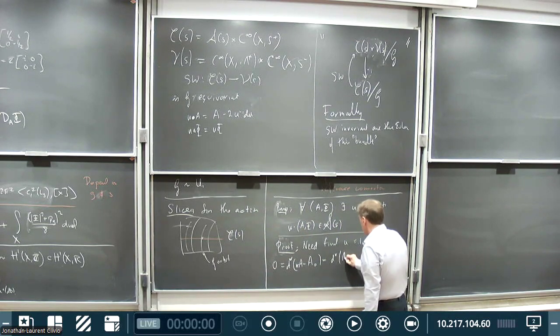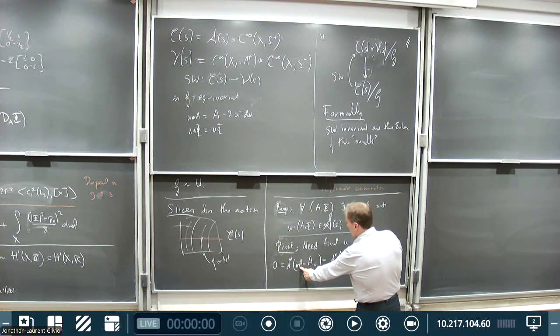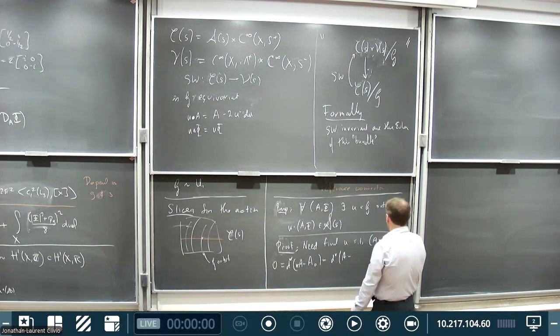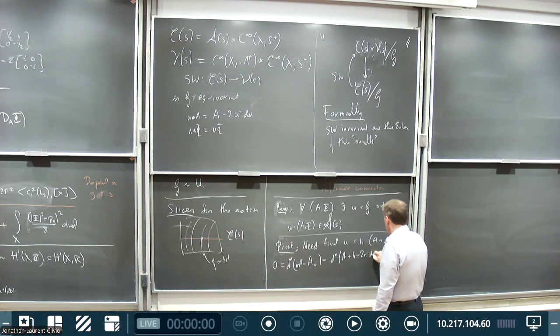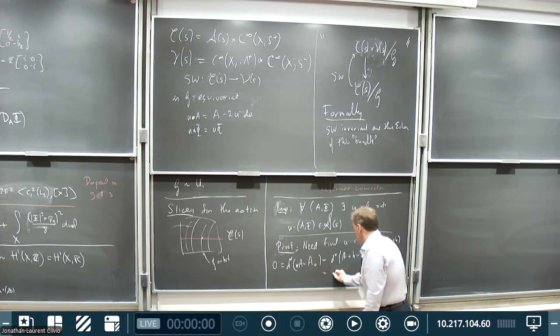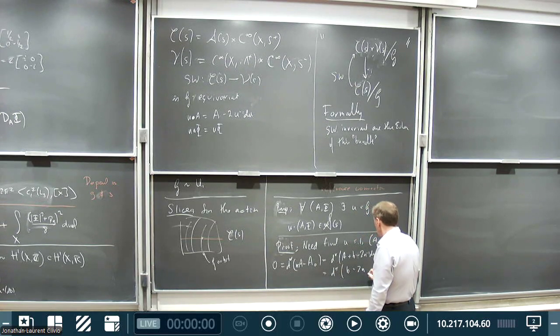I know how this acts. Now write A as A naught plus B. Then this is A naught plus B minus U inverse BU minus A naught. So that's D star of B minus 2 A naught.